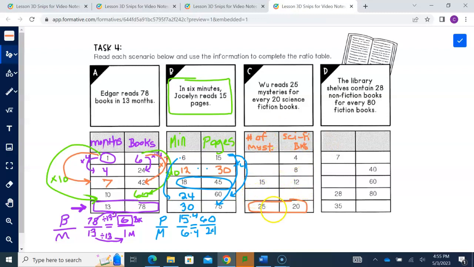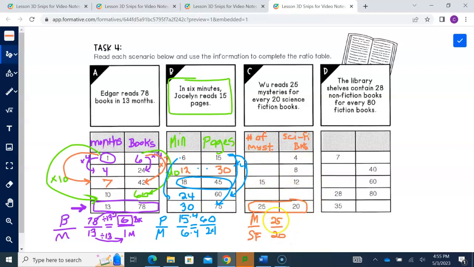Okay, so we're looking at this, and I know it's 25 to 20, so let's write the ratio here. I'm going to write the ratio of mysteries to sci-fi, and I'll just code it with some letters, and then I'm going to put the numbers in, 25 to 20. And I want to see if I can figure out what to do with these.